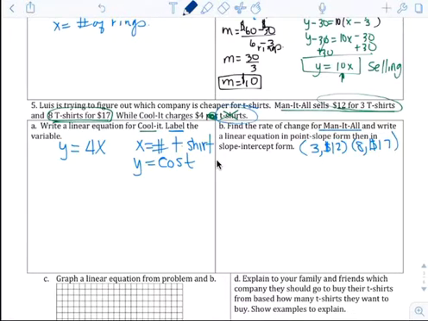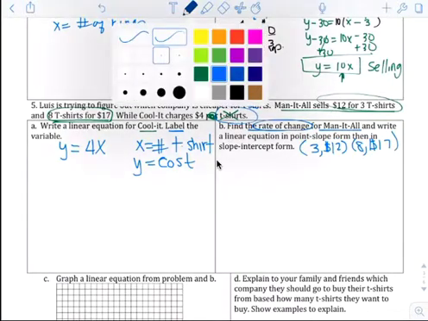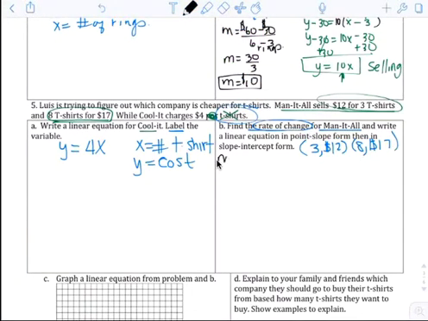And then find the rate of change. Rate of change is m equals y2 minus y1 all over x2 minus x1. Okay, x1, y1, x2, y2.